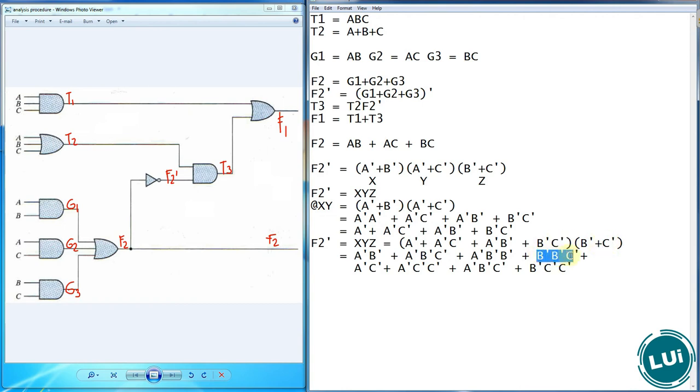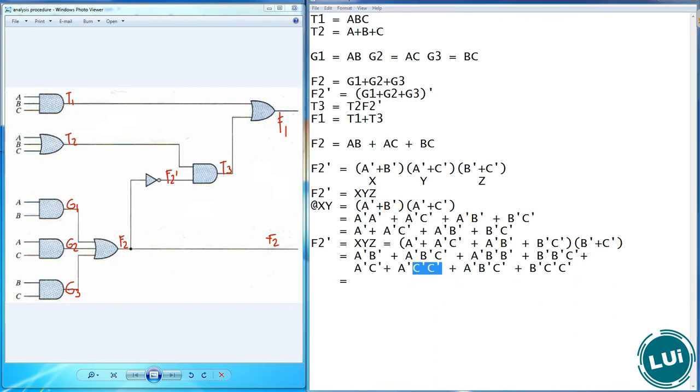So B prime, B prime, C prime. Again, based on Boolean identity, if the same variable exists in the same expression, it's just equal to that variable. So C prime C prime is equal to C prime.